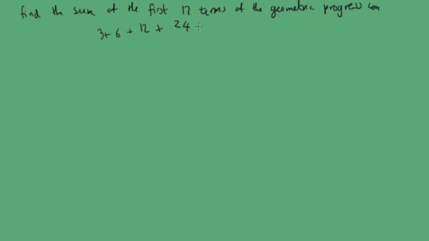Find the sum of the first 12 terms of the geometric progression 3 plus 6 plus 12 plus 24 and so on.